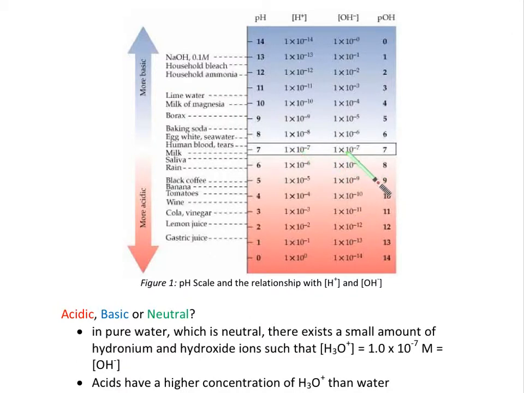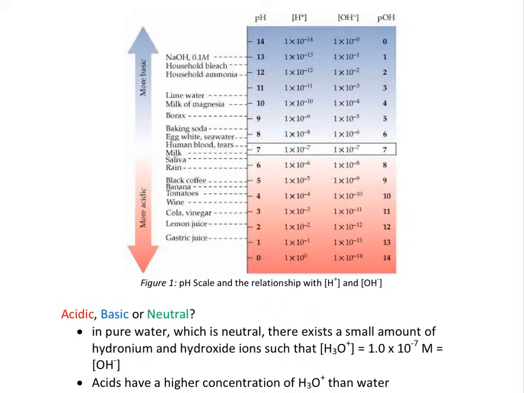The ratio of these two things is 1 to 1, which results in the neutral solution, because the H plus, which is responsible for more acidic properties, and the OH minus, which is responsible for the more basic-like properties, the concentration of those two things is equal.